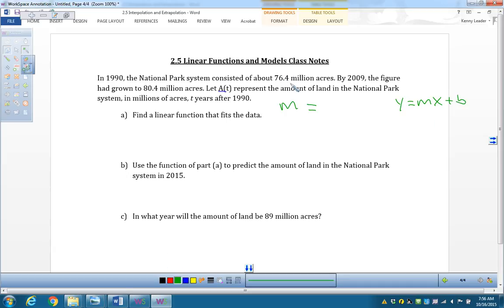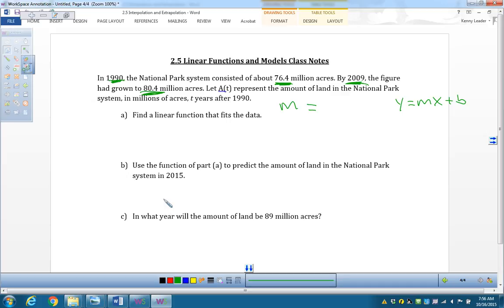So 76.4 million acres in 1990, and 80.4 million acres in 2009. How would I find the slope of this line?